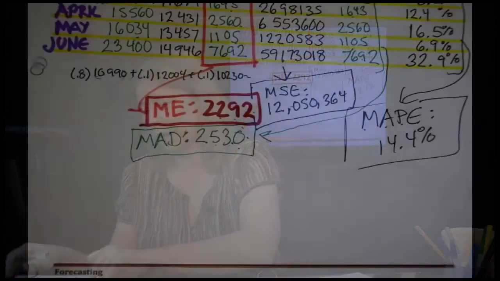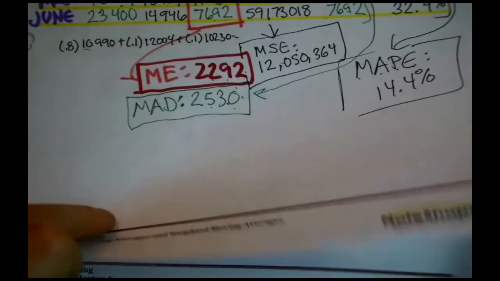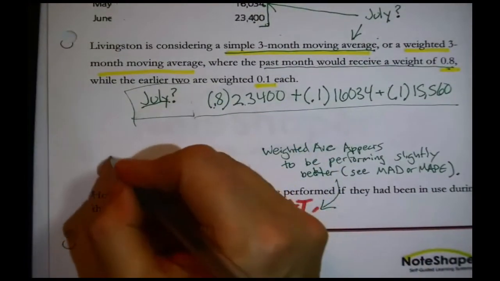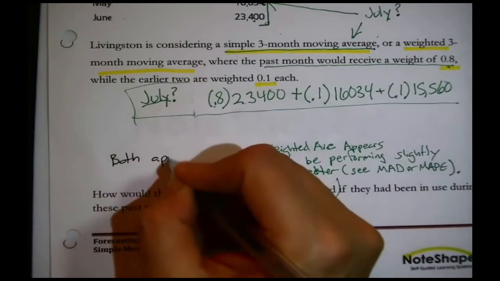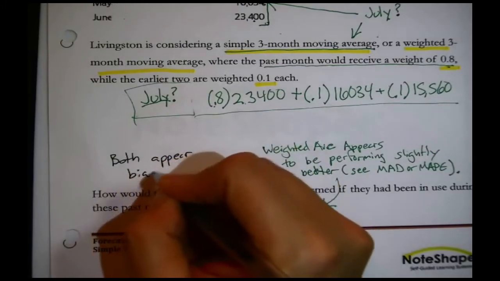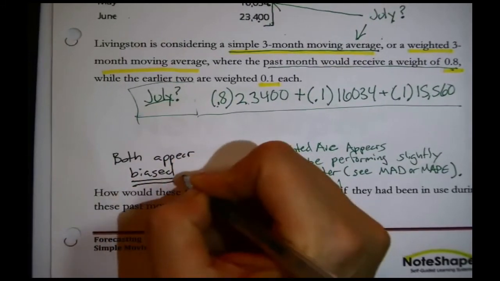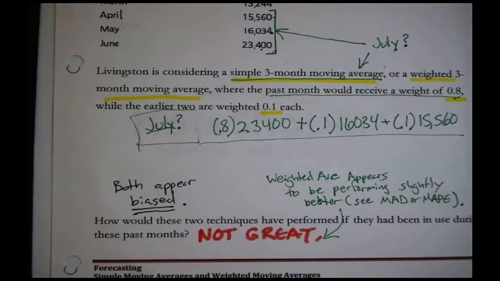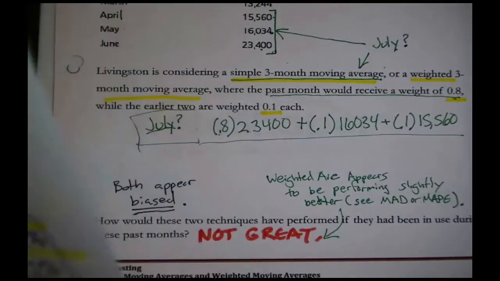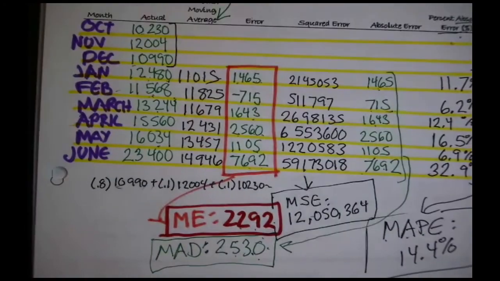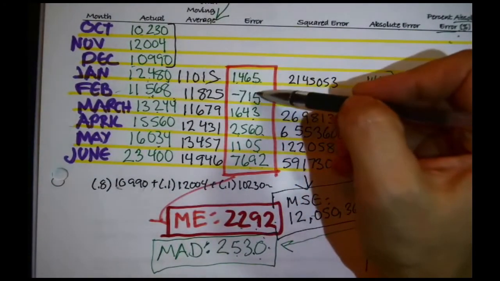Why is this disturbing? Another nice note that you could make in reporting on this is both techniques appear to be strongly biased in their forecast. Both appear biased. You say, huh? What? What is bias? Go back and for either one of them, look at the errors. Okay, this is the weighted one, which we're saying is slightly better, but still.